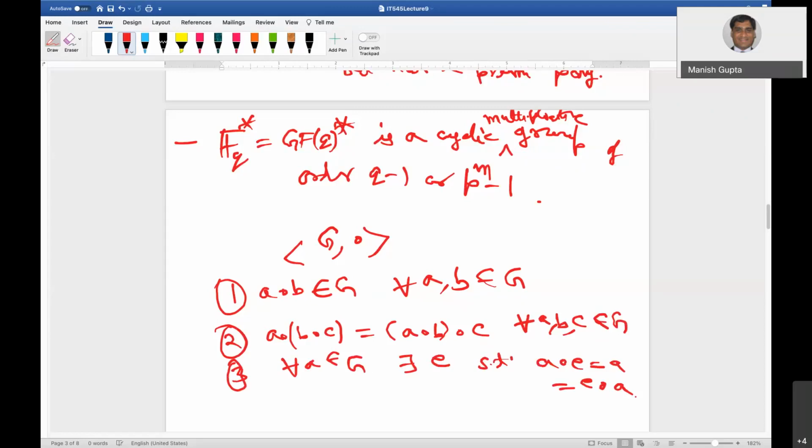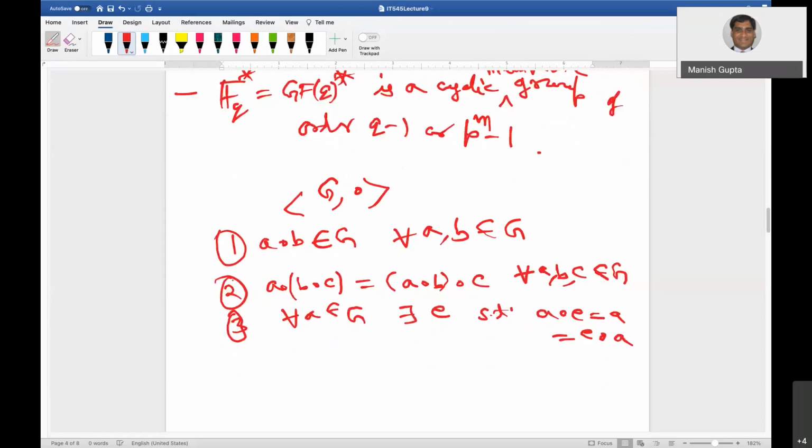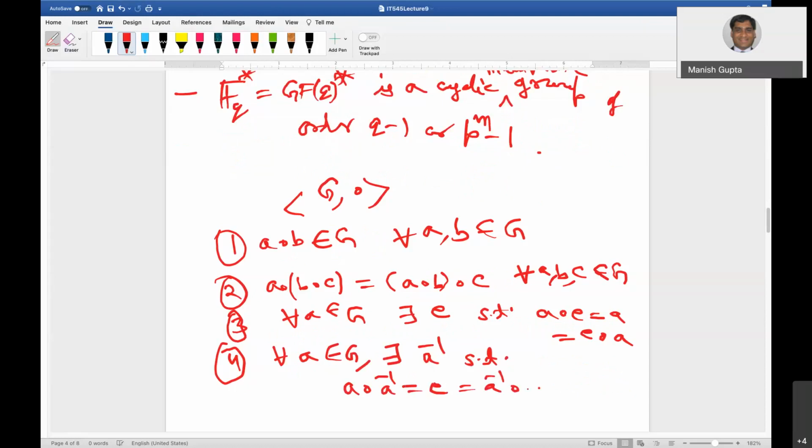Fourth, there exists an inverse: for every a in G there exists a inverse such that a circle a inverse is equal to e is equal to a inverse circle a. Got it? This is the basic definition of a group.